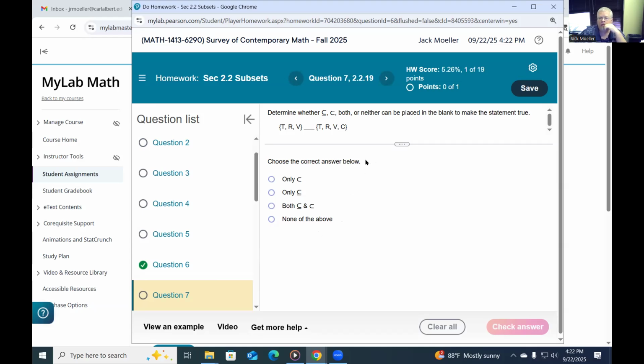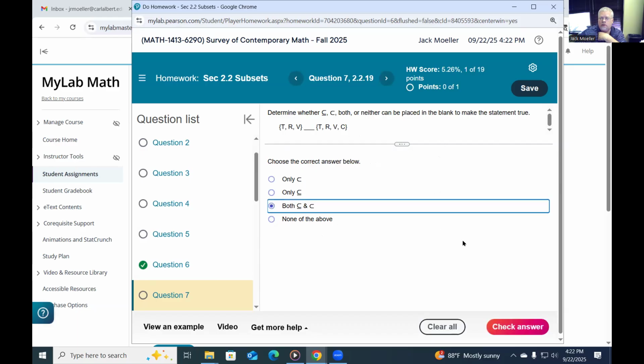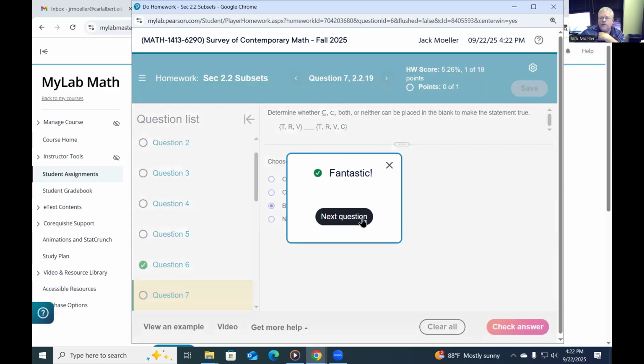Yep. All right. So T is in both, R is in both, V is in both. So every element in the left is on the right. So this makes it a regular subset. Now the question, is it a proper subset? Well, proper subsets can't be equal. These are not equal. So this is both a regular subset and a proper subset.